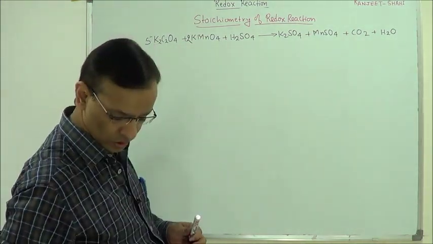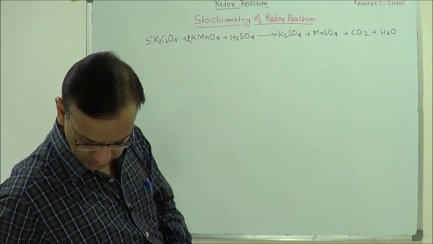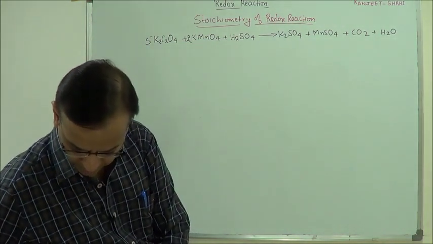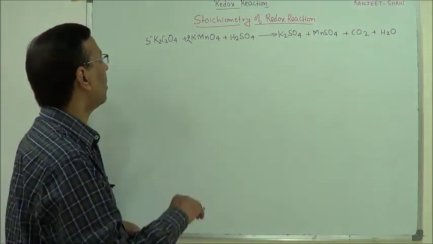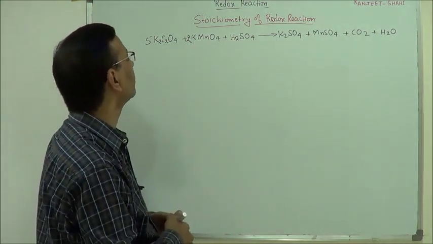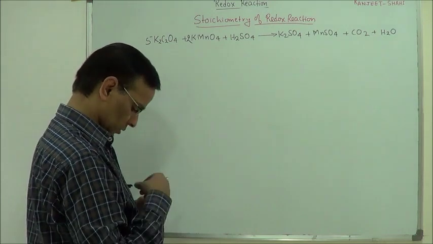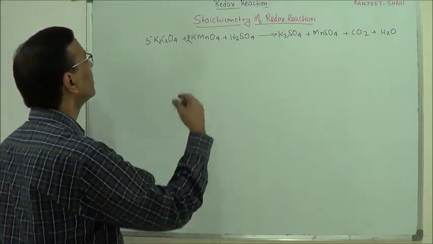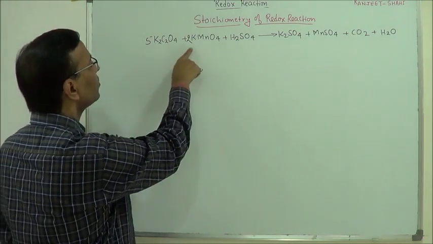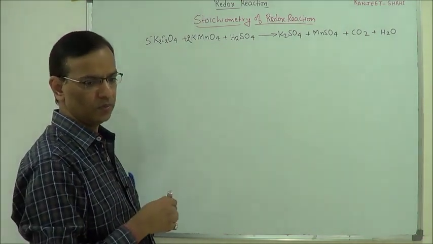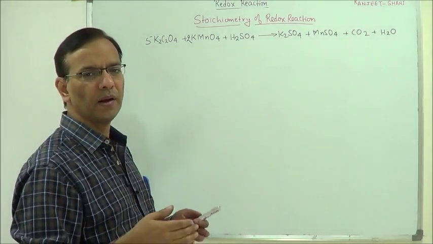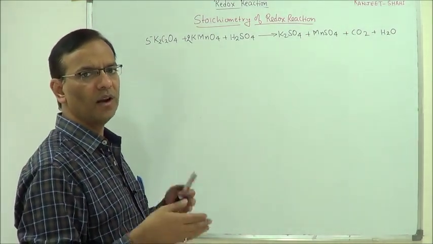So if we balance these two, the oxidizing and reducing agent, by the shortcut method, we find that they react in a 5:2 molar ratio. After doing this, it is simple to relate their amounts.